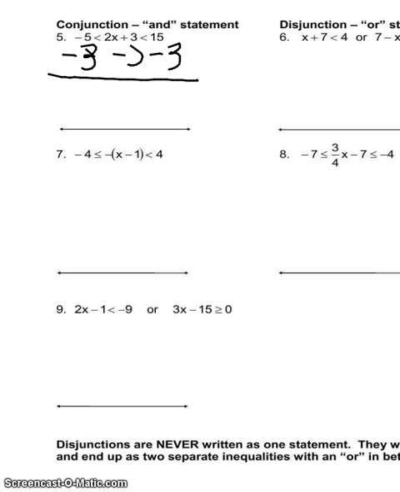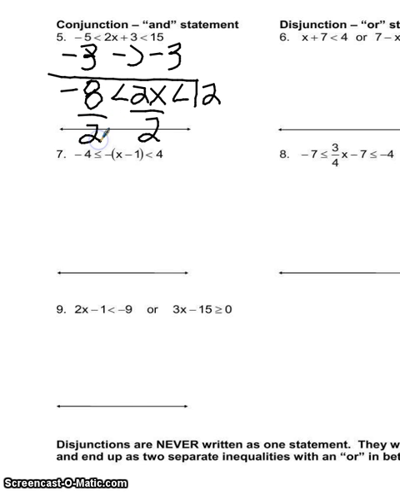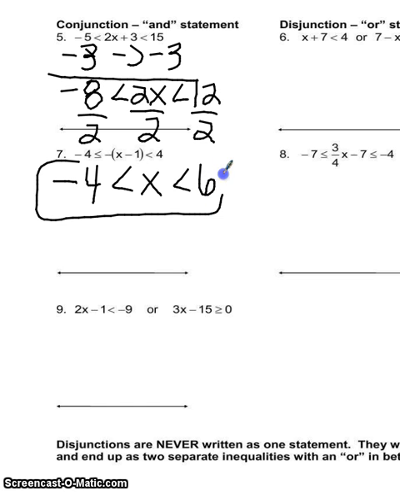So when I subtract 3 from each side, I end up with a negative 8 is less than 2x, which is less than 12. Okay, and now I'm going to divide everything by 2. Again, whatever I do to the middle, I must do to the left and the right-hand side. So look at where my answer ends up. I have negative 4 is less than x, which is less than 6. So this is your answer for the conjunction on problem number 5.